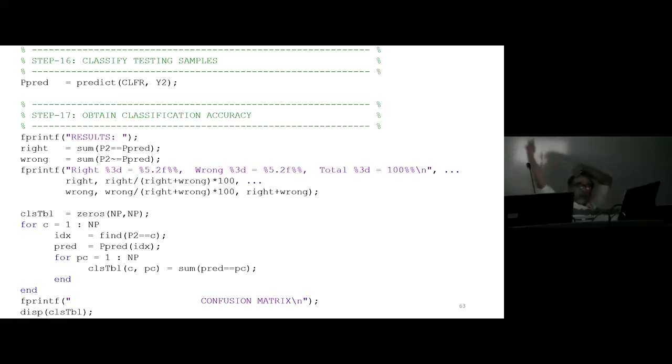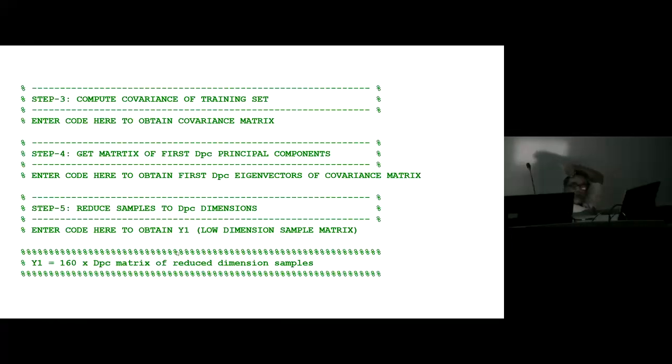Person 1, person 2, person 3, person 4, until person 10. So person 3 would be classified as person 3 most of the times. So the diagonal elements of the confusion matrix would be very high. Any questions? Did you understand the problem now?